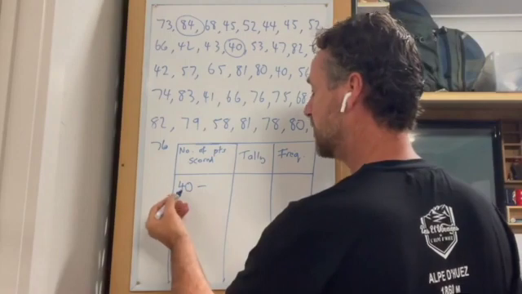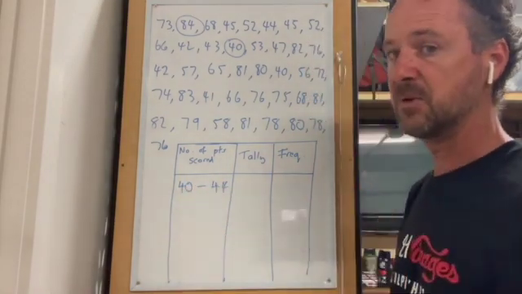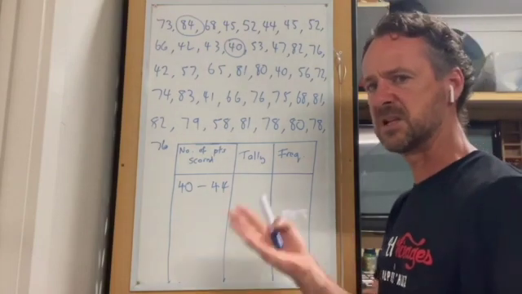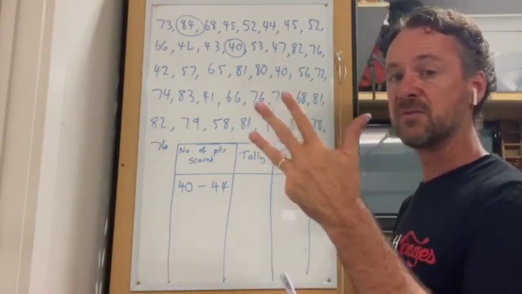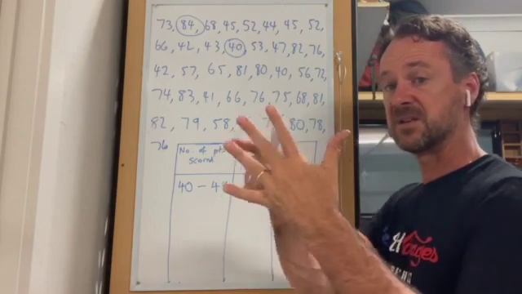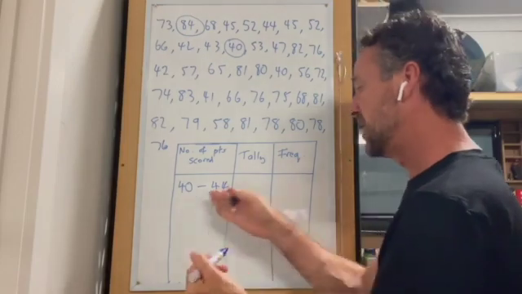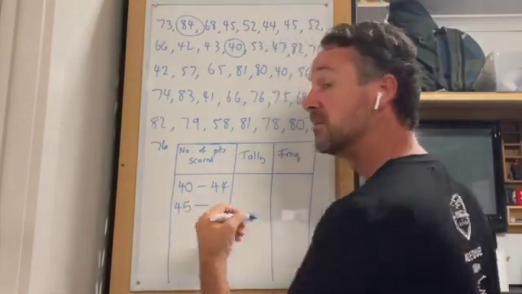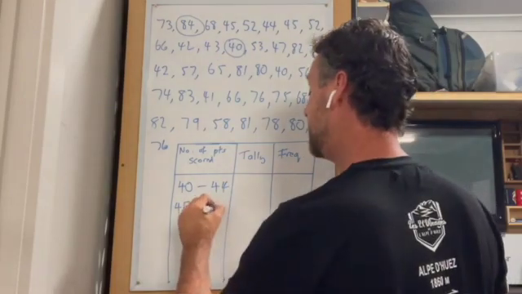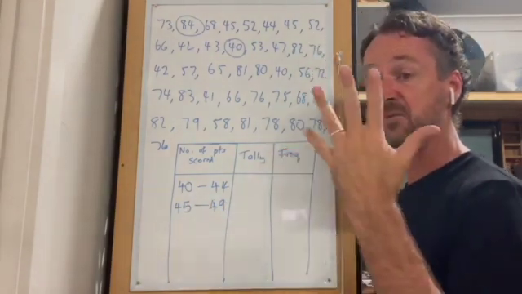So 40 up to 44. Now, I know some of you are thinking, oh, but that's plus 5. No. 40, 41, 42, 43, 44. That gives us 5 numbers that fall into there. Then the next one will be 45 up to 49: 45, 46, 47, 48, 49.